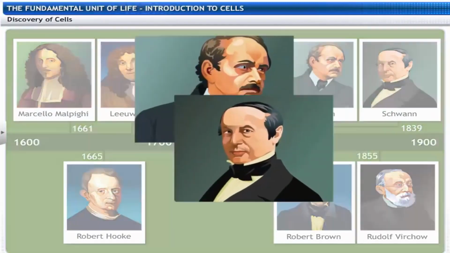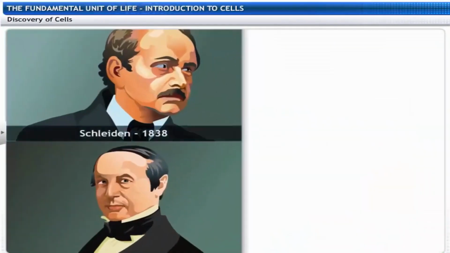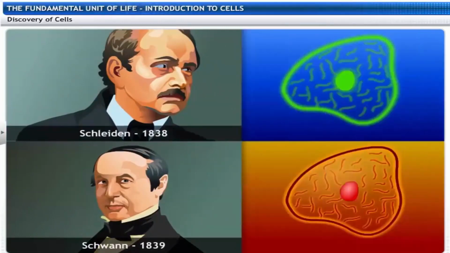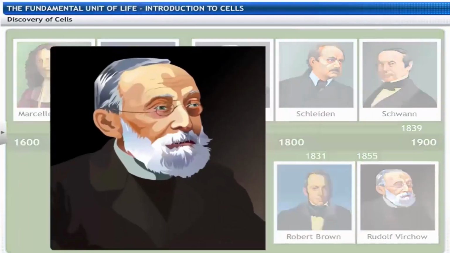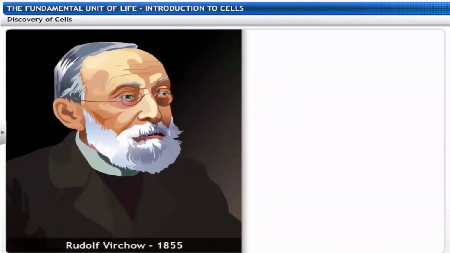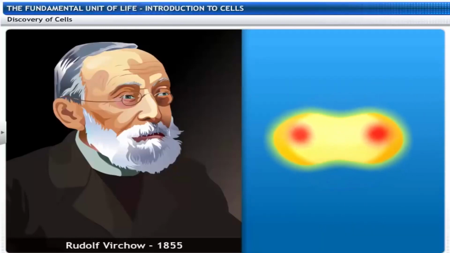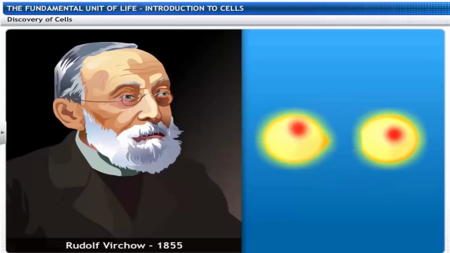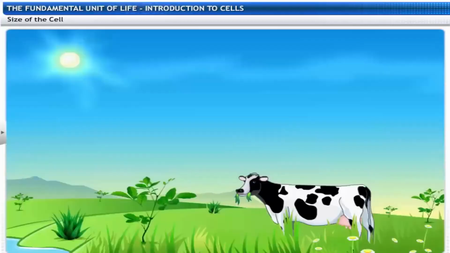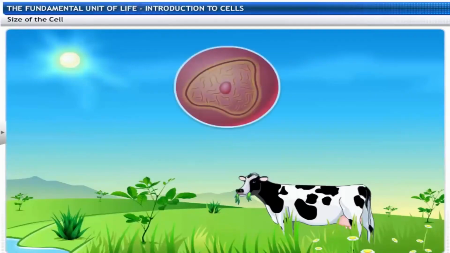Two biologists, Schleiden in 1838 and Schwann in 1839, proposed the cell theory that all plants and animals are composed of cells. Rudolf Virchow in 1855 further expanded the cell theory by saying omnis cellula e cellula, which means all cells arise from pre-existing cells. All living organisms are made of cells.